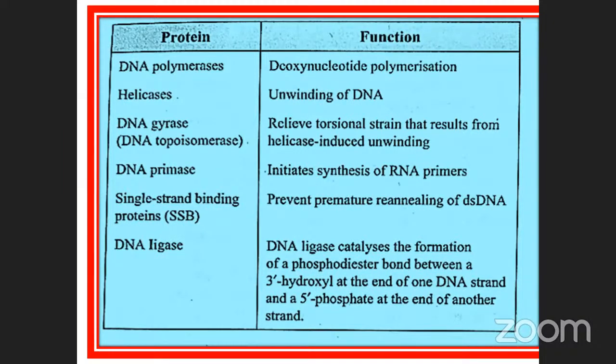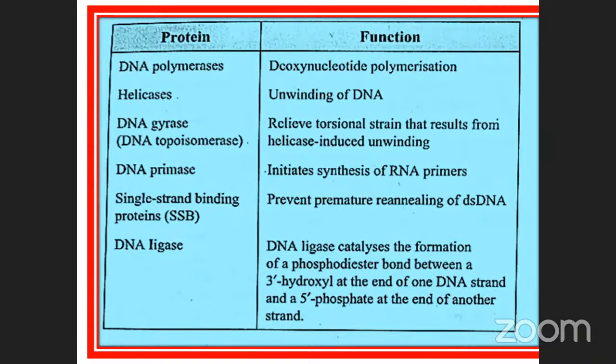Deoxynucleotide polymerization. Helicase, what will it do? Unwinding. Unwinding means zipper-like action, already you know about it. Imagine a zipper: it removes the contact between the two zip strands in the center.